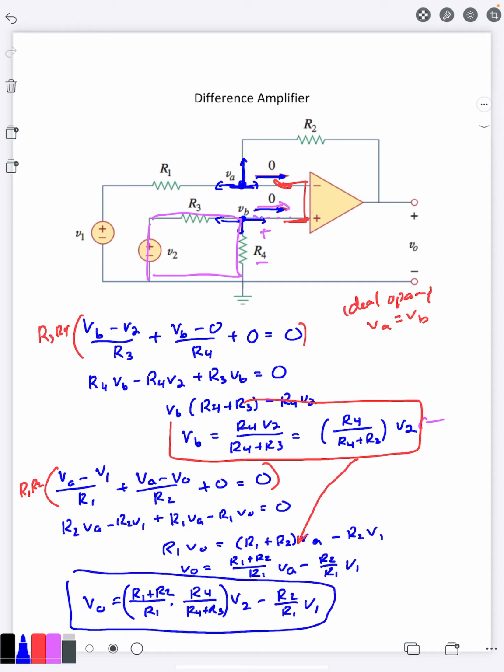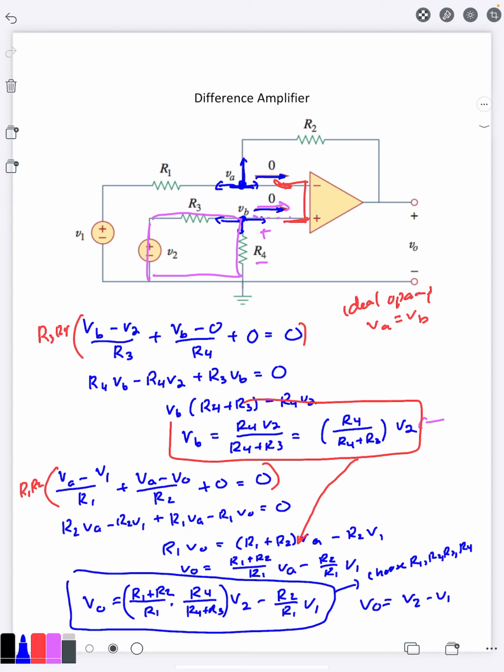Now, if you chose your resistor values correctly, so choose R1, R2, R3, and R4 in a particular way, which I'll let you work out the details on, you can get V0 is equal to V2 minus V1.